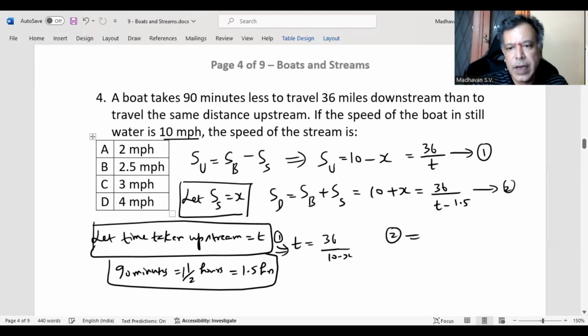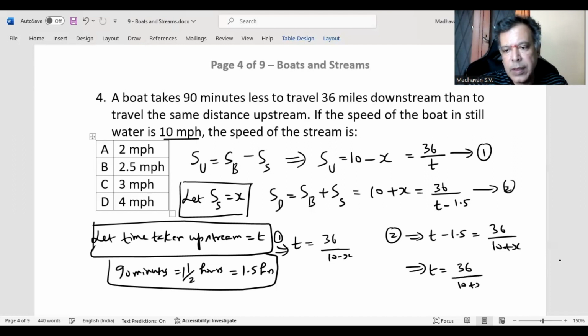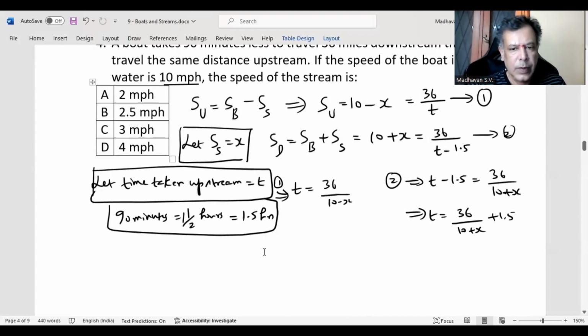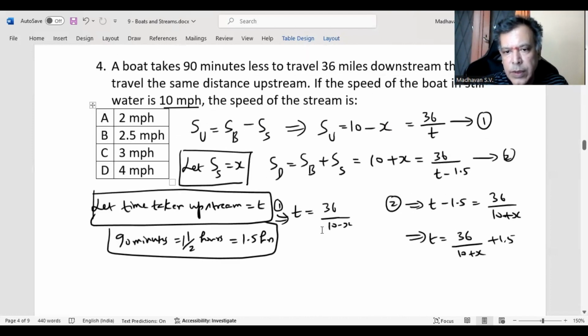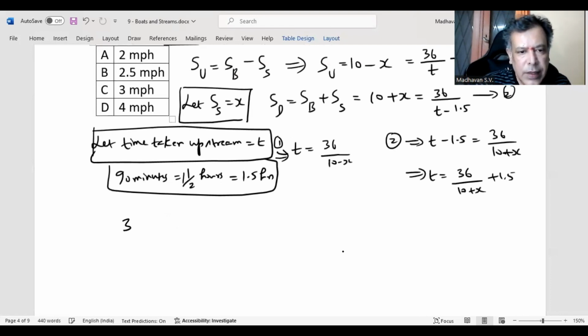And from the second equation, we can arrive at t minus 1.5 equal to 36 divided by 10 plus x, which means t is 36 by 10 plus x plus 1.5. So we can equate those two now. First one is t equal to 36 by 10 minus x. So 36 by 10 minus x should be equated to 36 divided by 10 plus x plus 1.5.